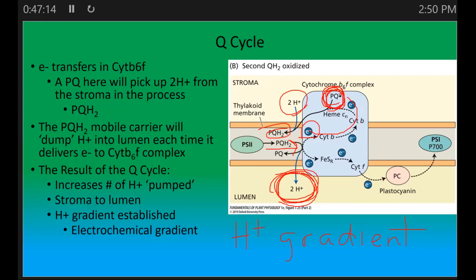Hopefully between now and Friday, look this over so that you can feel more comfortable with this portion of the light reactions. And don't forget to do the homework assignments. They're in EduCat. One's due today, one's due Friday.